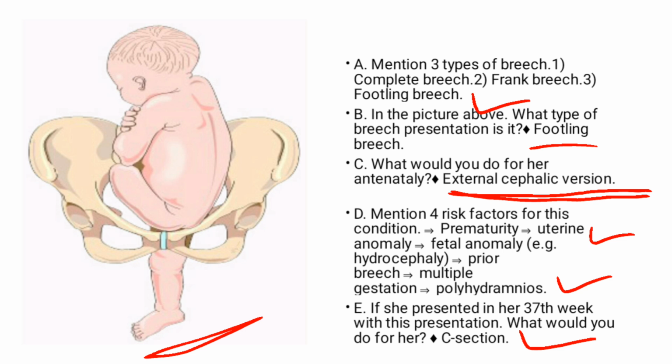Same with antenatal, we can do an ECV. But for someone who comes at the 37th week, footling breech is best for cesarean section.